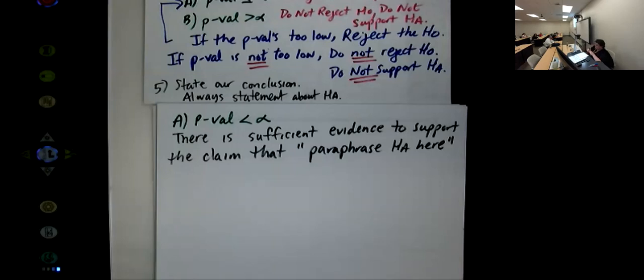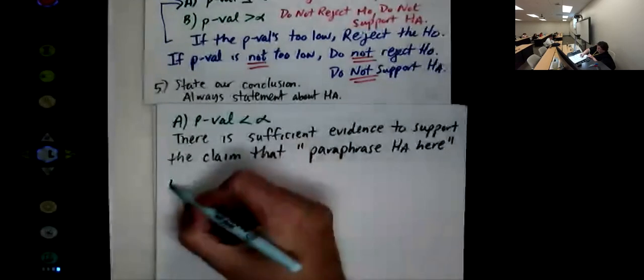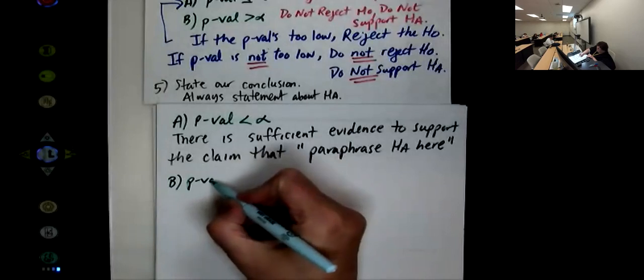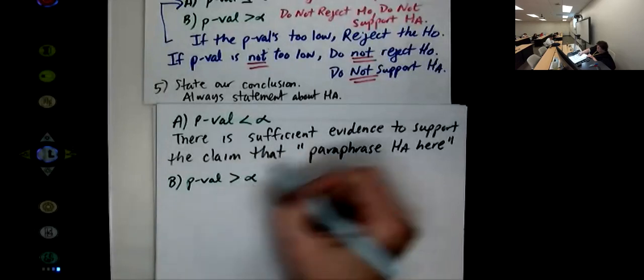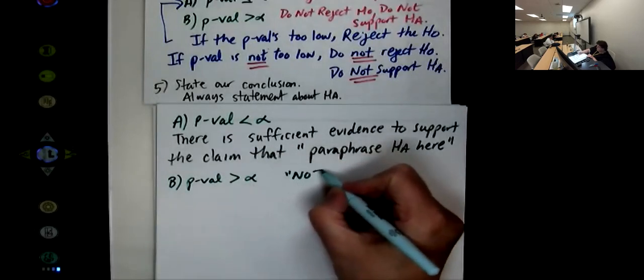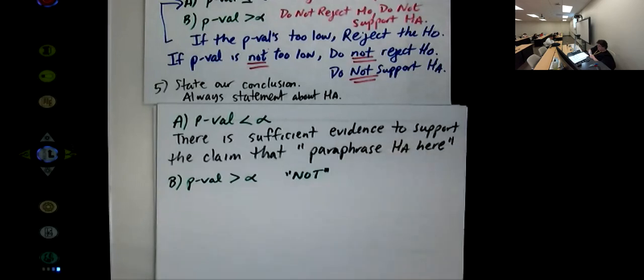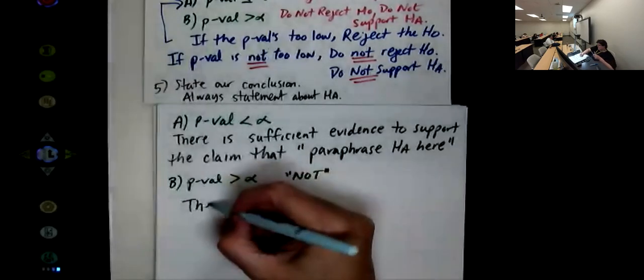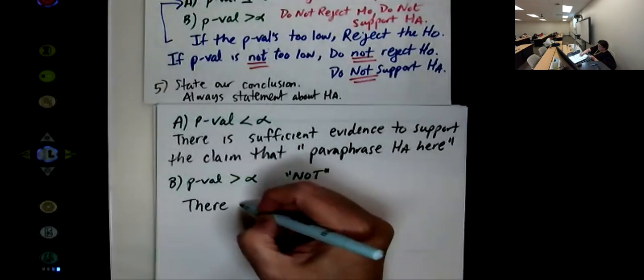And then if the p-value is greater than alpha, this is the not situation. And guess what? That translates down into here.